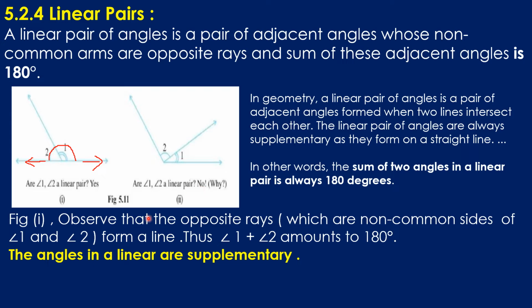When we take figure 1, observe the opposite rays, which are the non-common sides of angle 1 and angle 2. Already we know by the definition that these two are adjacent angles, and because the non-common arms are opposite rays, and when we take the sum of these two, it will be equal to 180 degrees. Therefore, angle 1 and angle 2 are a linear pair.